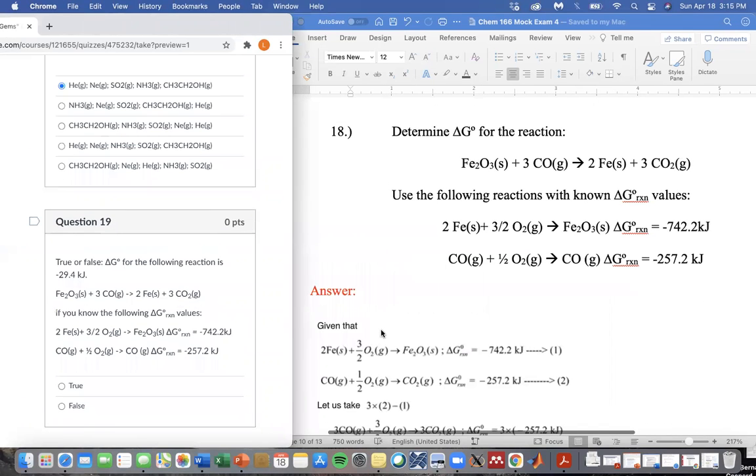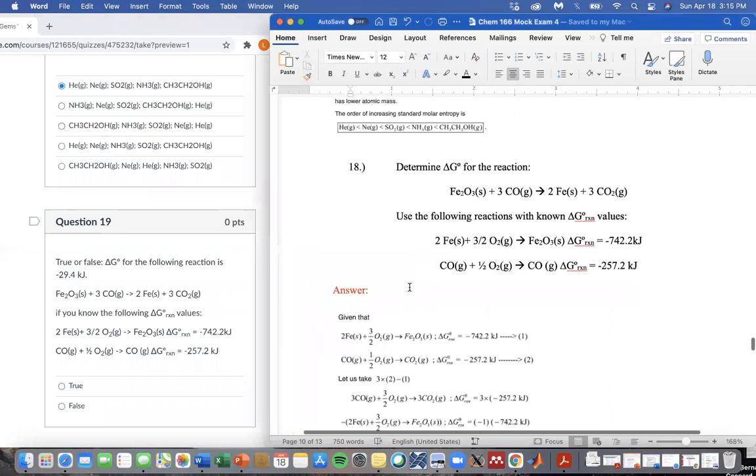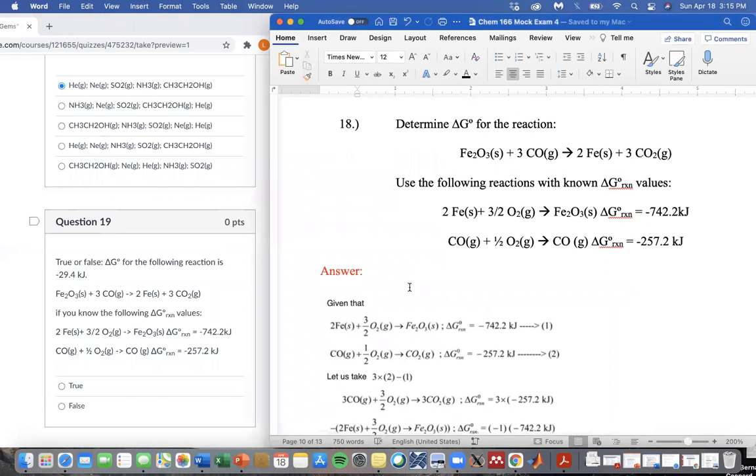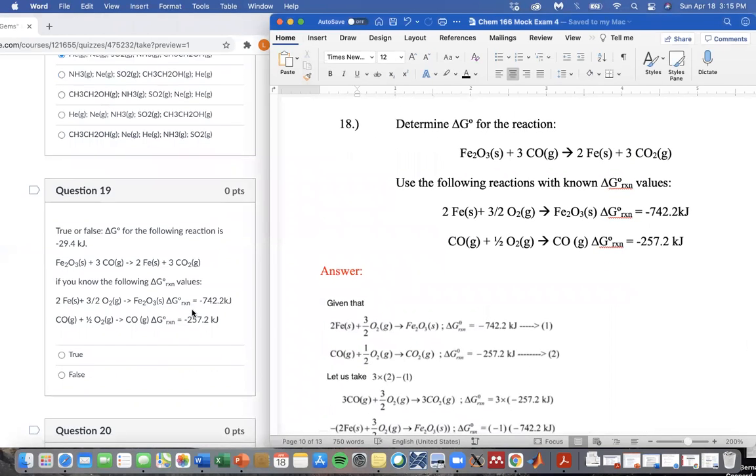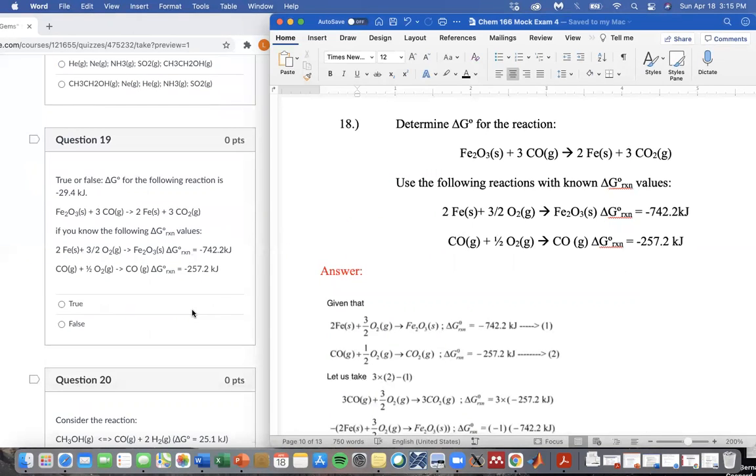Okay, so now we have to determine delta G for the reaction, and we're given delta G values for different reactions. So I just left this as a true false for you guys. For this one, you have 2 different reactions here.